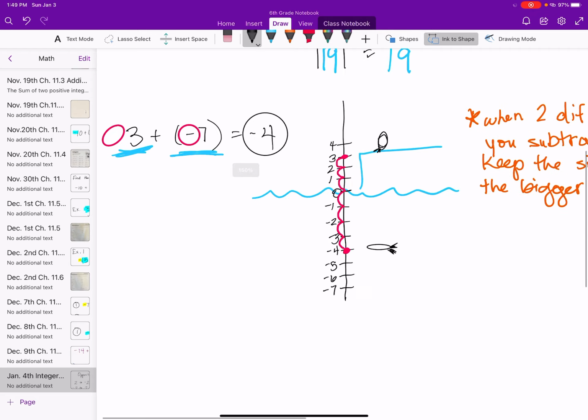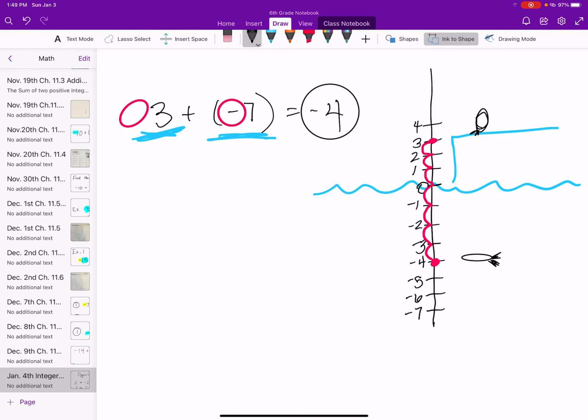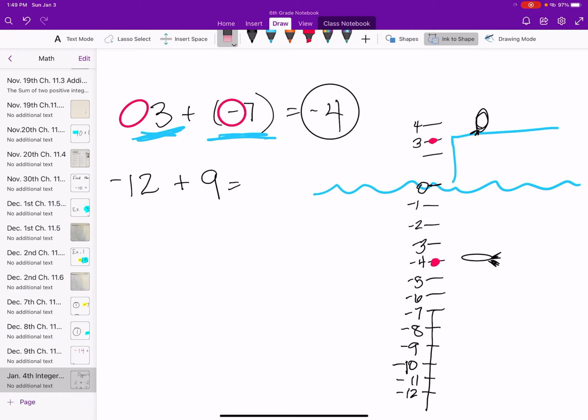Okay, let's do another one. Let me extend this out a little bit so we have more room to do things. Let's say negative 12 plus 9. With our number line here, I'm going to try and erase this without erasing my whole thing.